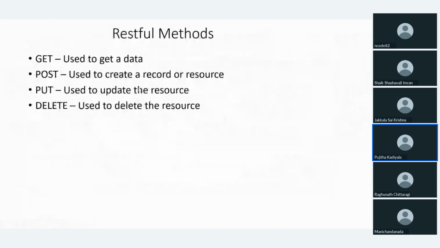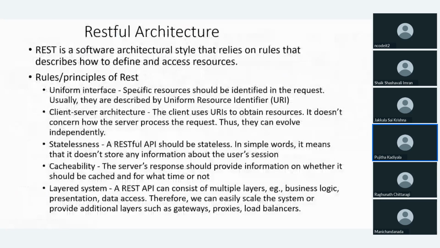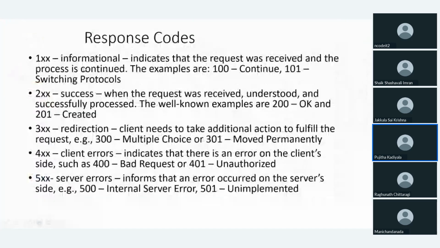These are the codes you need to see. As I said, when the code starts with 1, it is giving us some information. If you want to make some changes to your request, it will be informing you about something.